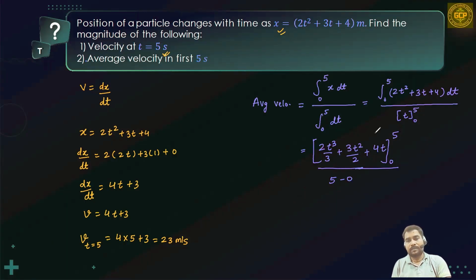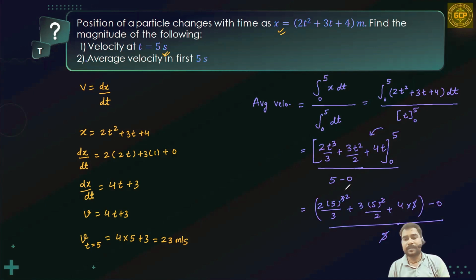Using the limit, I am getting 2 times 5 raised to the power 3 upon 3, plus 3 times 5 raised to the power 2 upon 2, plus 4 into 5. And if you put the limit as 0, eventually you will get the result as 0, whole divided by 5. So you can take 5 common and it gets eliminated by the denominator.